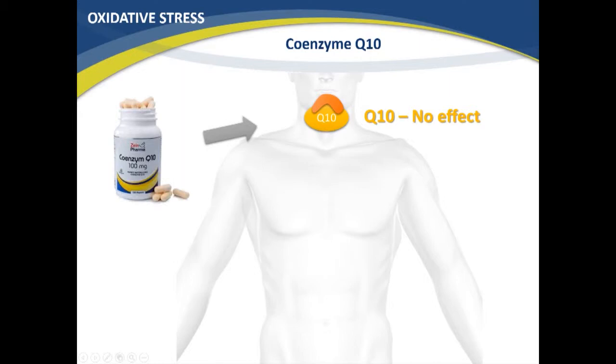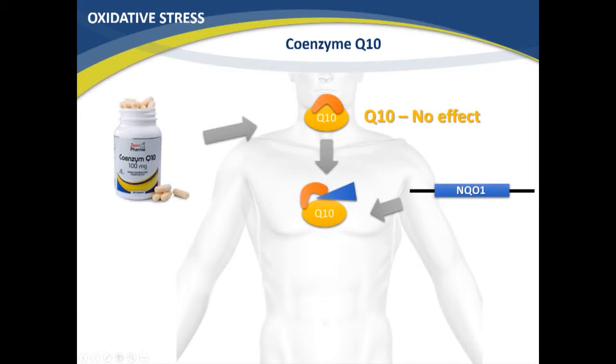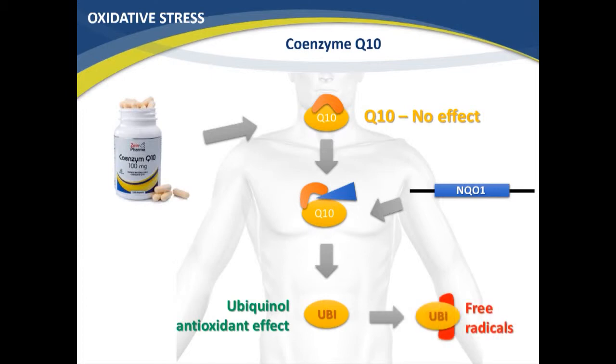And coenzyme Q10, when it reaches our body, has no effect. It first needs to be activated by an enzyme, again, an enzyme like scissors. They cut open the coenzyme Q10, convert it to ubiquinol, and ubiquinol is the active form and has a strong antioxidant effect. And it can grab onto free radicals and neutralize them. So it is indeed a good protection against free radicals.